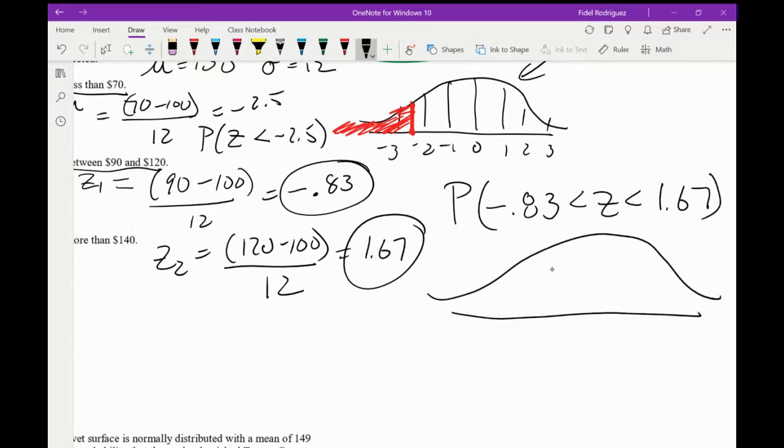So when I draw my curve, there's my 0 and my 1, my 2 and my 3, and my minus 1, minus 2 and minus 3.